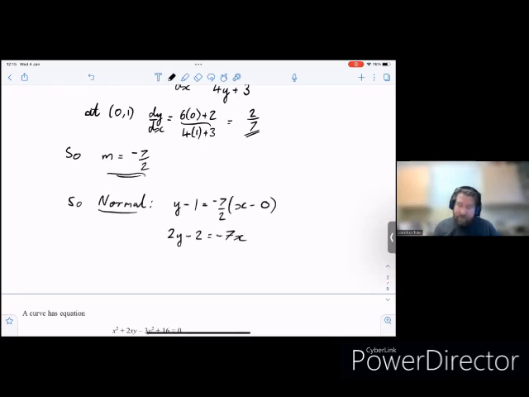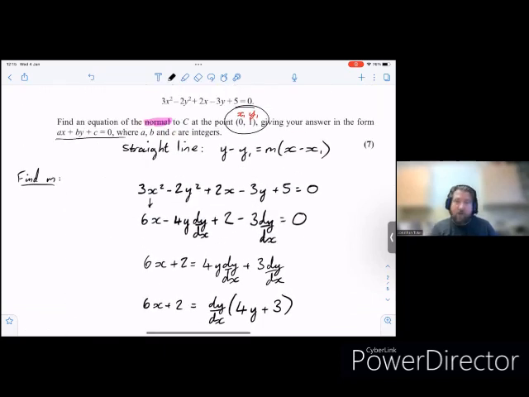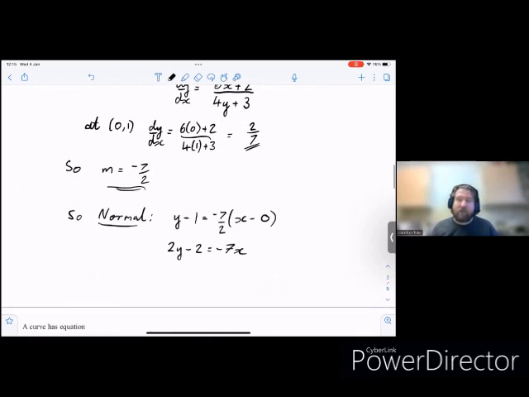And if we look again at the original question, it wants us to have all the terms on the left-hand side of the equation with 0 on the right. If the question had just said find the equation of the normal, we would be fine with it in this form. But the question has instructed us to give it in a certain form, so we just need to rearrange it. And that's the equation of the normal.